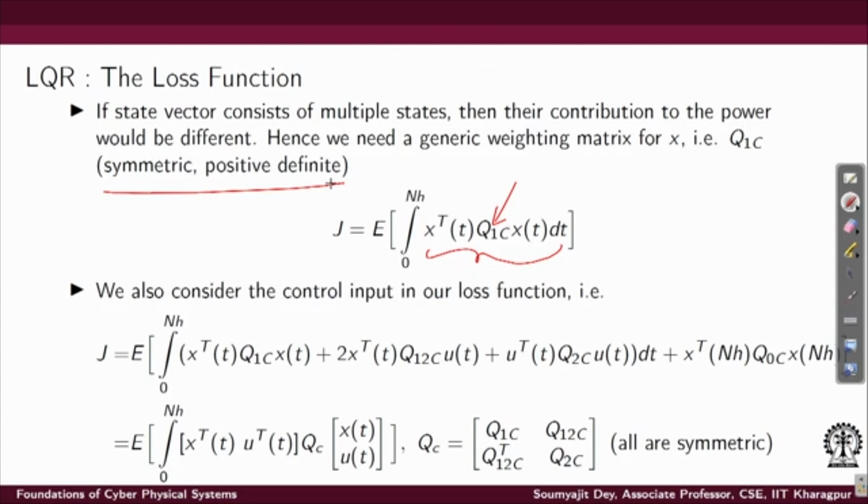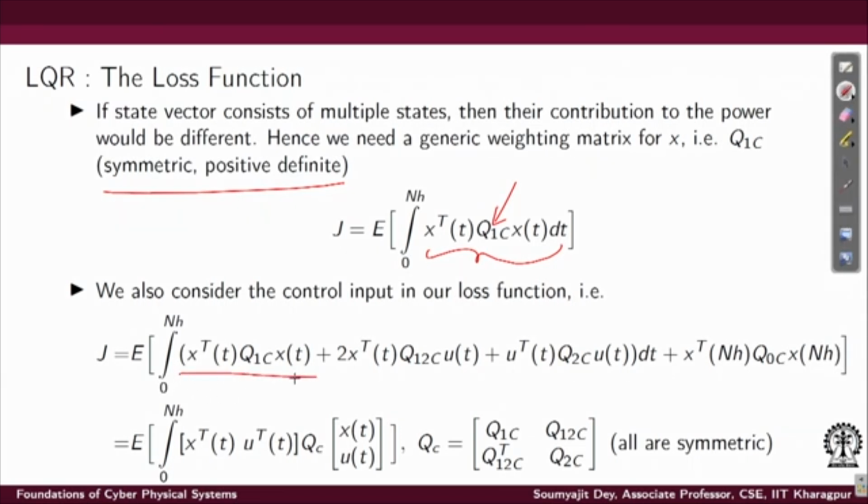Okay. Now, like I said, I would also like to have the control input not changing drastically. So, we can introduce a similar quadratic term for my control input, and once I do that, I will have this weighted quadratic term for x, and I would also have a weighted quadratic term for the control input, right.